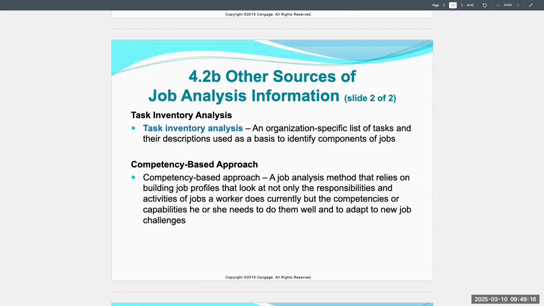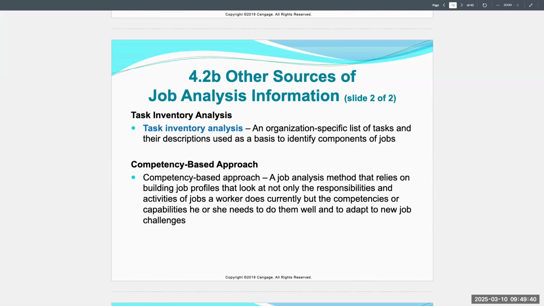Now, the competency-based approach goes beyond task identification to evaluate the underlying skills, knowledge, and abilities that are required for that job performance. So instead of just focusing on current job duties, this method examines how well employees can perform those tasks and how adaptable they are to future challenges.